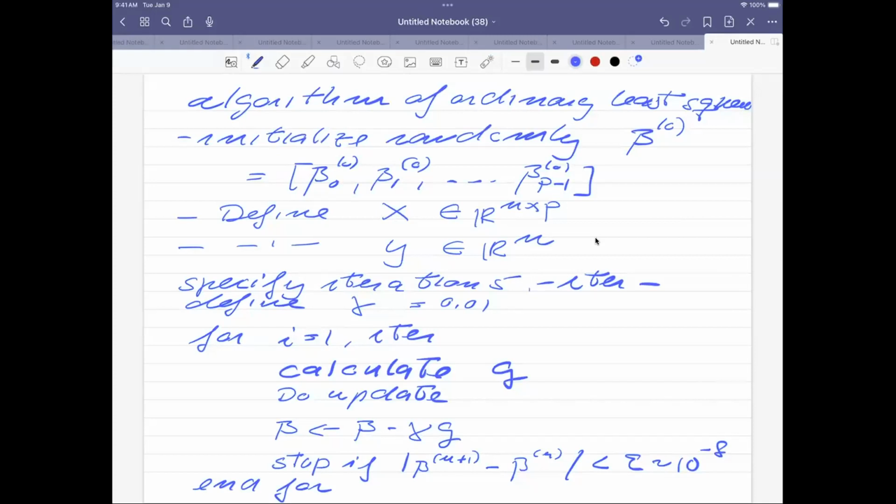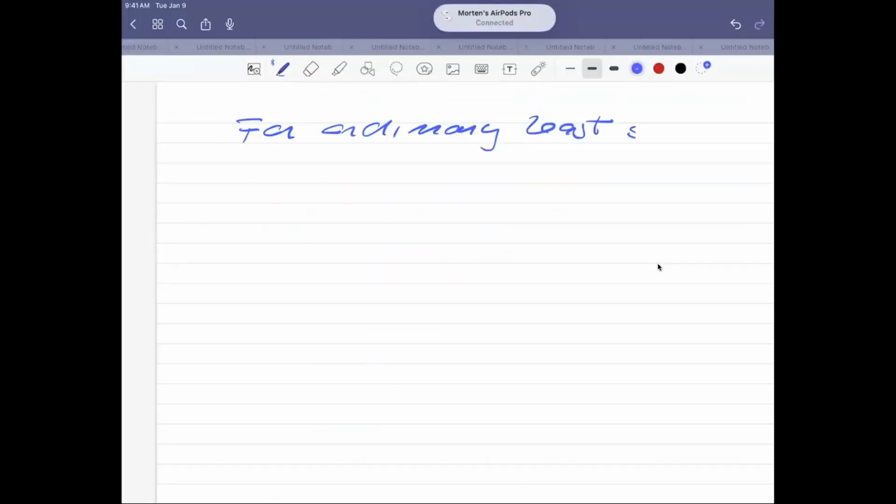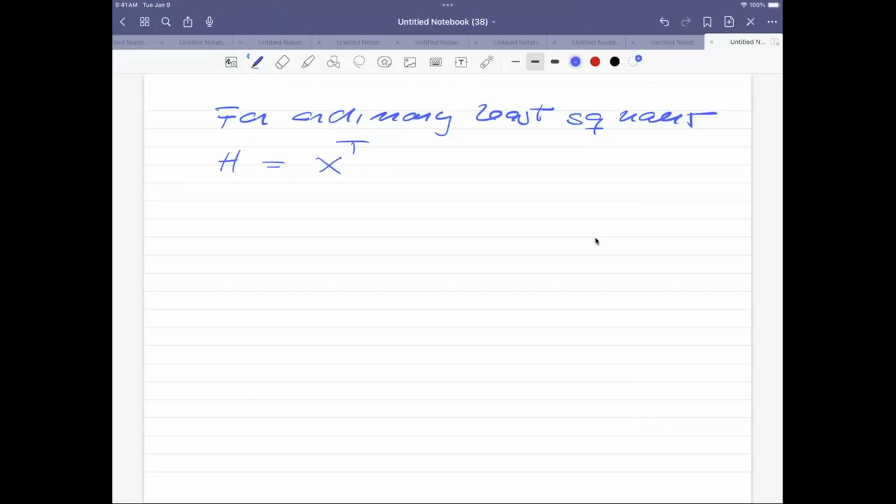Now, if you can diagonalize the Hessian matrix, so the special thing for ordinary least squares, there is a nice result here, because in that case, the Hessian matrix is given by the transpose of the feature matrix or design matrix times X. So in that case, there is no dependence on the unknown parameters.